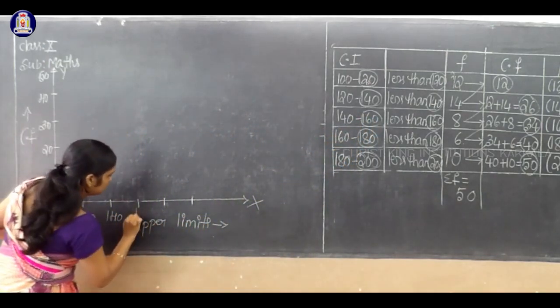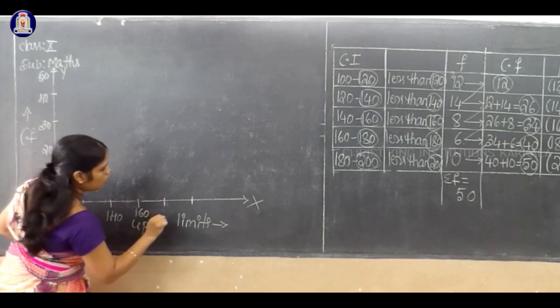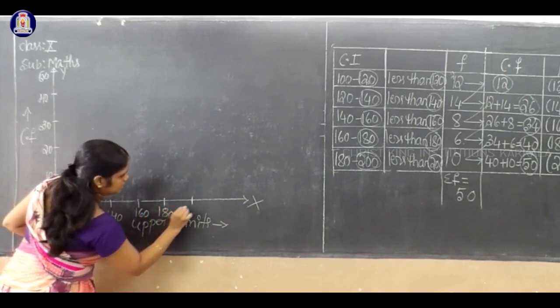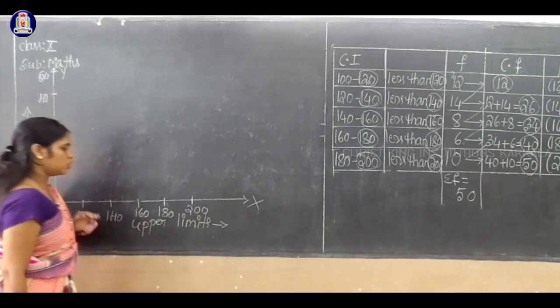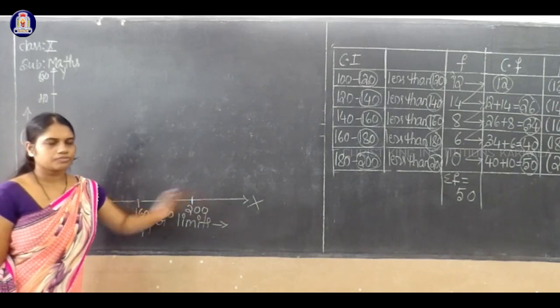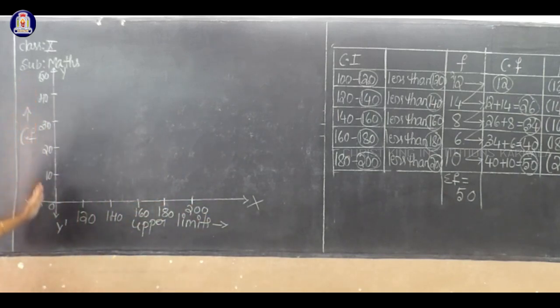Next, 180. Next, 200. So here the upper limits are drawn. Next, along the y-axis, cumulative frequency. Take 1 centimeter equal to 10 units. 10, 20, 30, 40, 50.